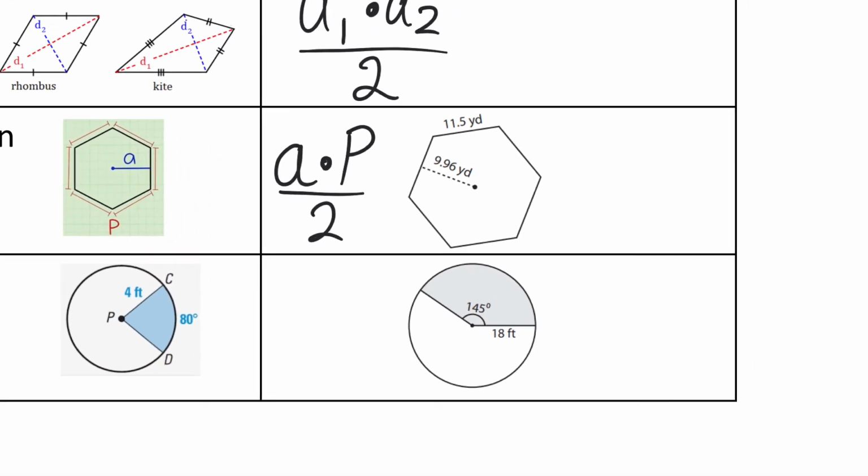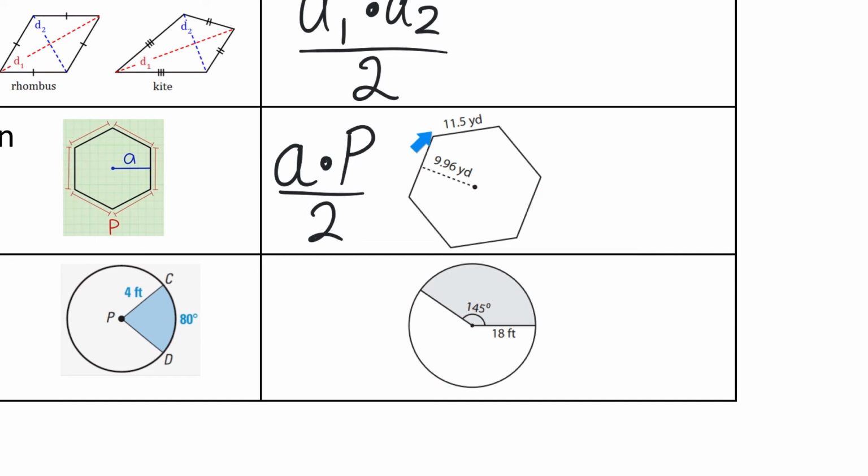Okay, now these two right here, we're actually going to work out an example of each of these. So on this regular hexagon, how long is the apothem? 9.96, that is the apothem. Now, what does this P stand for again? Perimeter. So what does perimeter mean? It means all the way around it.